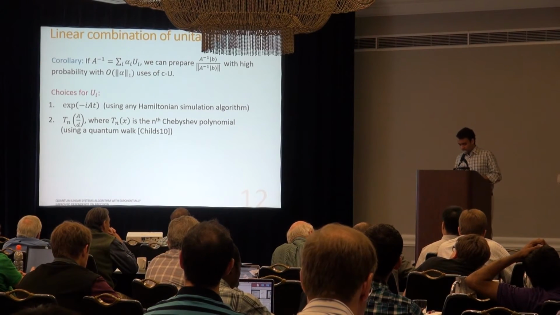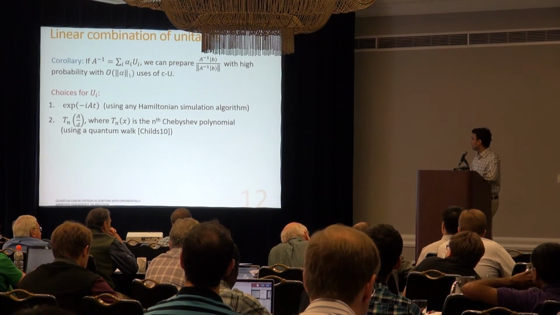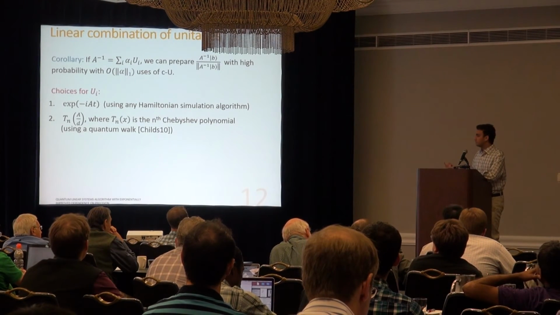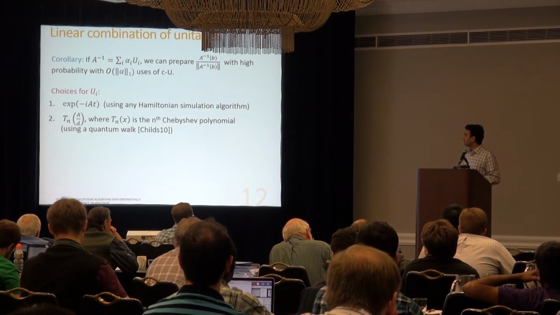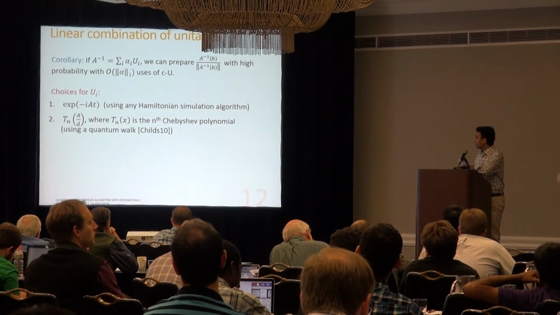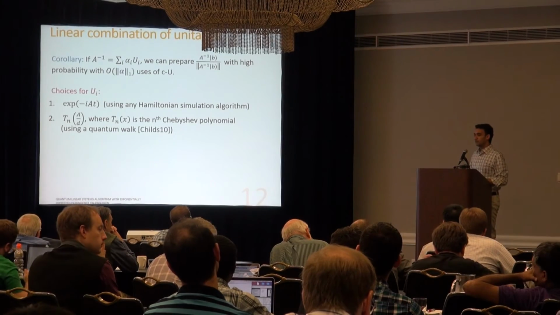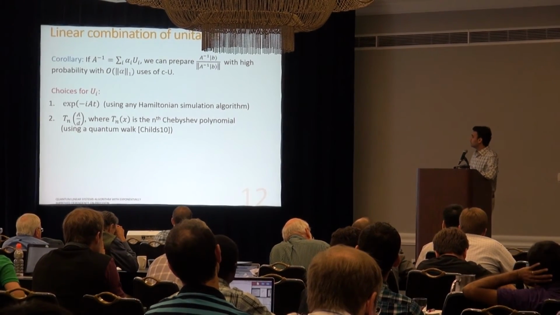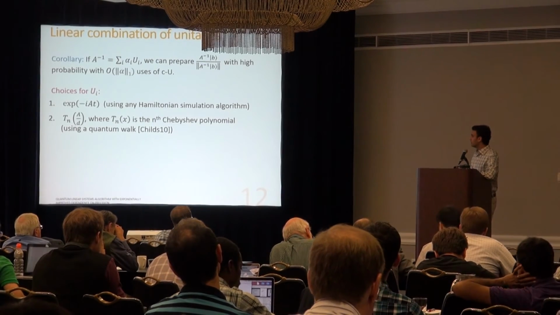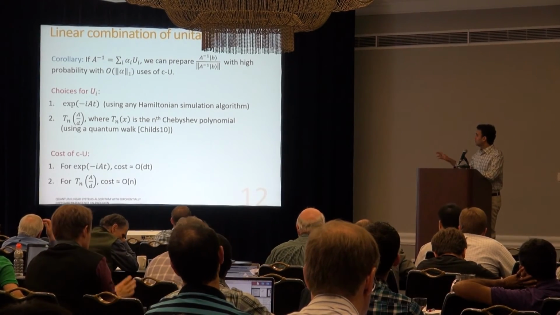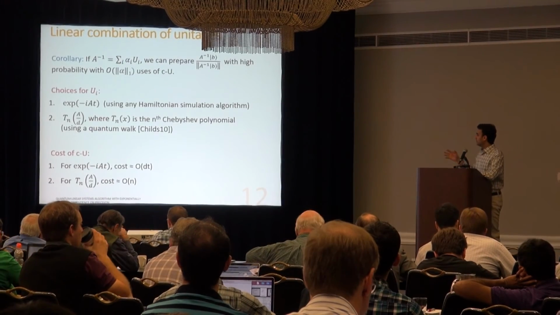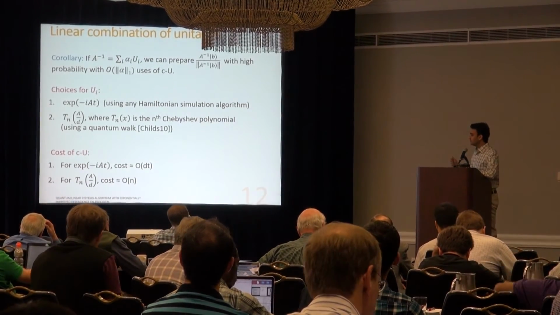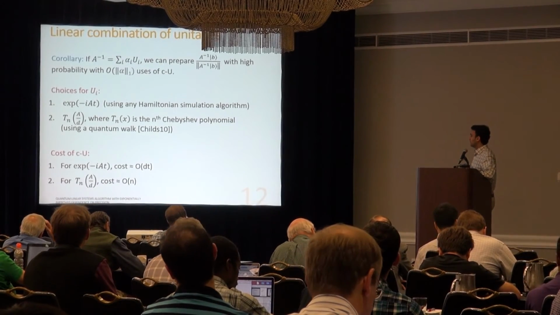So, okay, what do we do with these things? Coming back to the question that Debbie asked: how expensive is it to implement these Us, and how expensive is it to implement the controlled version of these Us? If you want to do Hamiltonian simulation, you need to account for the cost of Hamiltonian simulation itself. The cost is roughly proportional to the sparsity of the matrix times the time for which you want to evolve it. So for Hamiltonian simulation, the cost is roughly d times t, neglecting factors that are smaller than polylog factors.